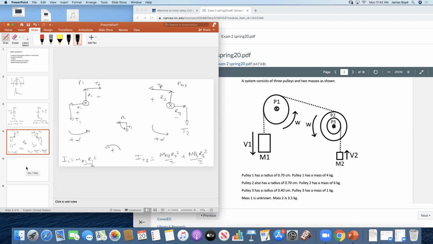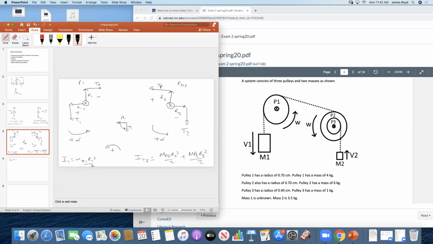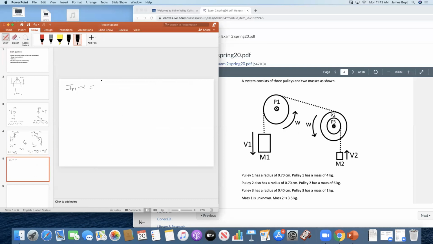But once we do that, we can look at these torque diagrams and write down what I pulley 1 alpha is. And the alphas will be the same because they're connected by this rope. If this one turns, this one turns the same amount. So IP1 alpha, remember, was positive R1 T1 minus R1 TP.